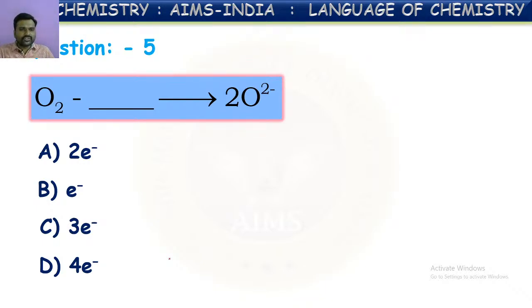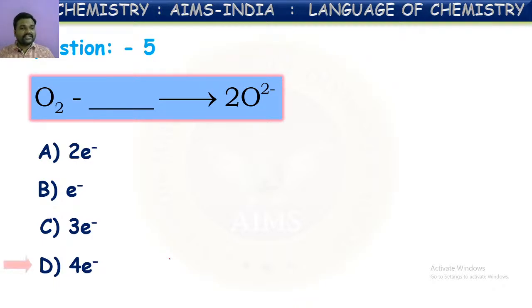Oxygen molecule is losing certain electrons to form 2 oxide ions. So how many electrons are lost by this oxygen molecule here? Any guessing answers? Is it 2 electrons or 1 electron or 3 electrons or 4 electrons? Yes, many of you were trying but wrong.